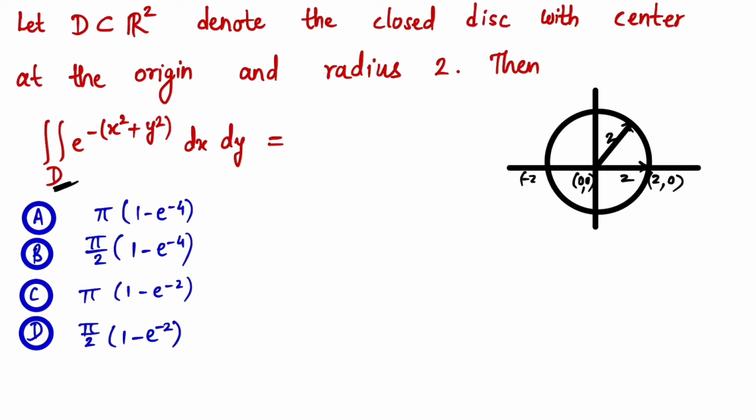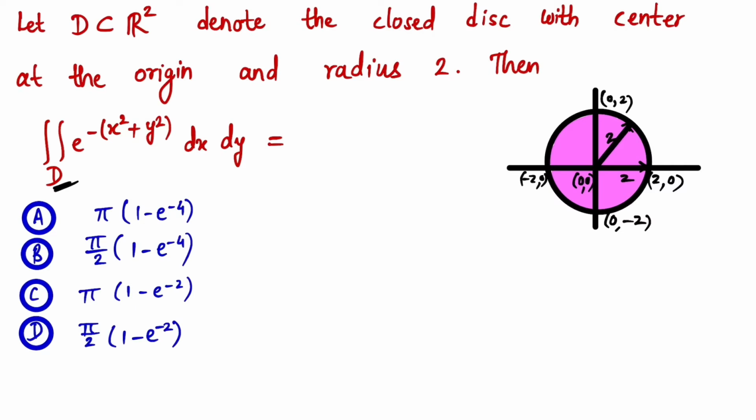This is minus 2, 0. This is 0, 2, and this is 0, minus 2. So this whole disk, let me just color this, is our region D, and we have to find the integration over this region.